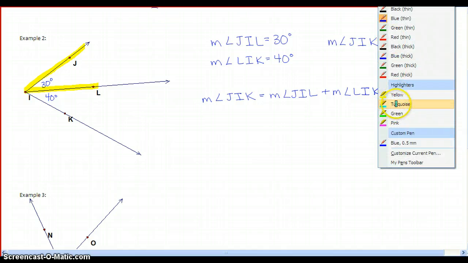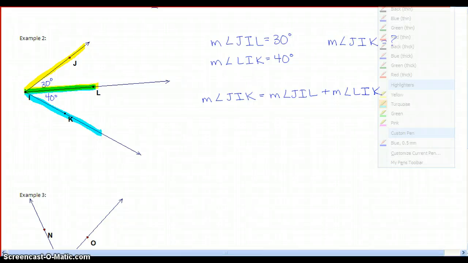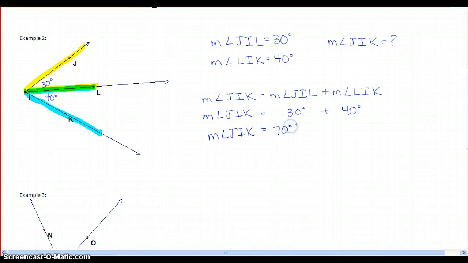So I'm adding it to this piece. The measure of JIL is 30 degrees, and the measure of LIK is 40 degrees, so the measure of angle JIK, if I do my algebra correctly, is 70 degrees. So whenever they ask you the measure, you're going to just add together the angles. They have to be touching. Notice these two angles overlap at that green point.